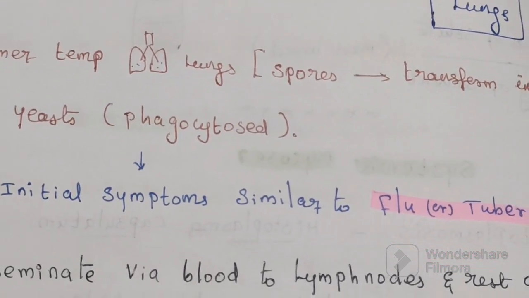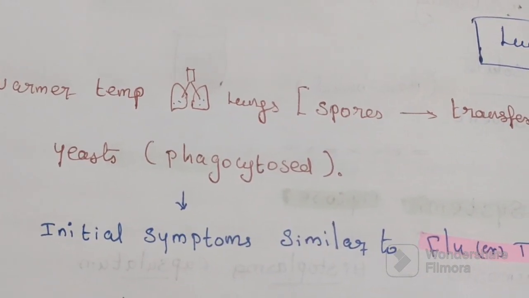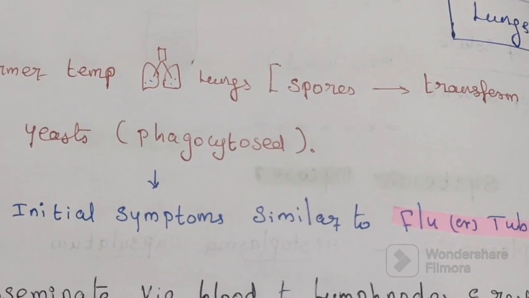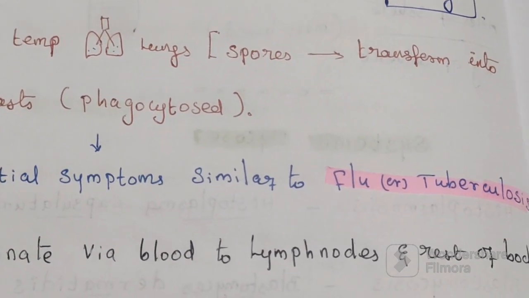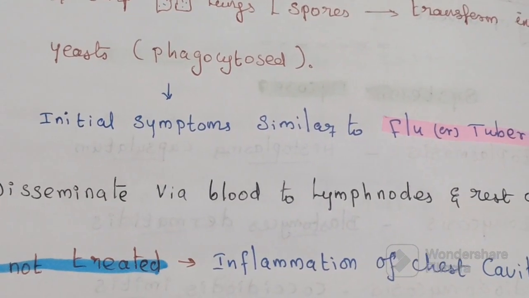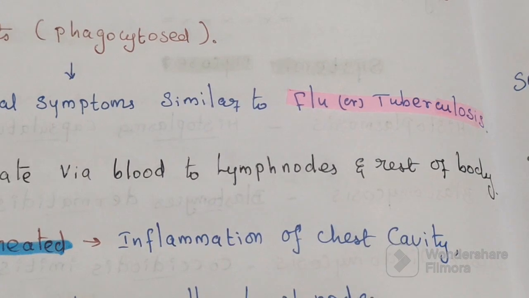Initial symptoms are similar to flu or tuberculosis. Through inhalation it will enter, and the spore form is transformed into yeast form. Then dissemination occurs via blood to lymph nodes and the rest of the body.